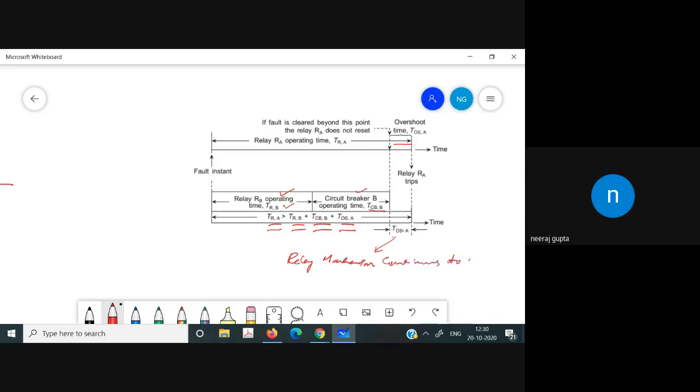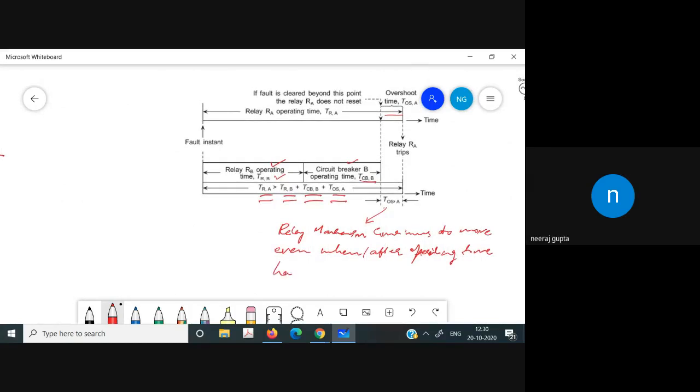And this overshoot is because of the moment of inertia of the moving system.